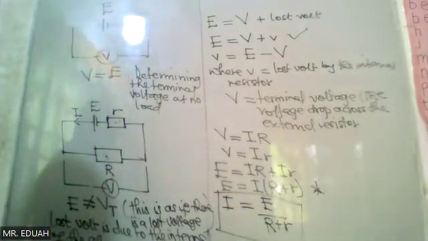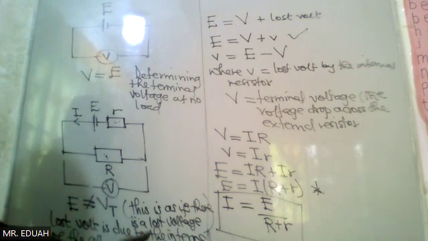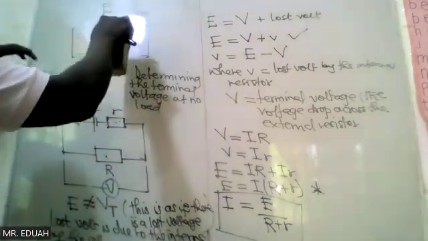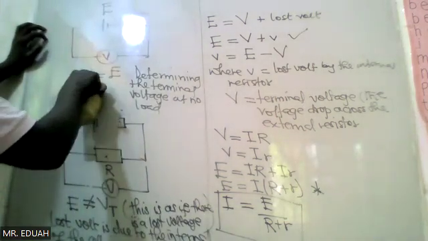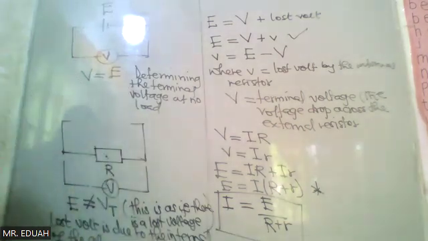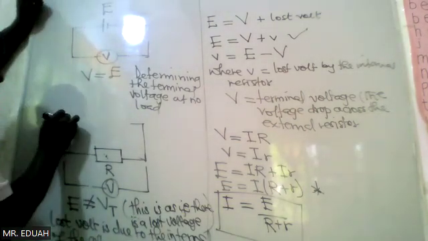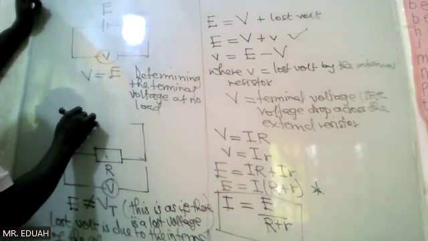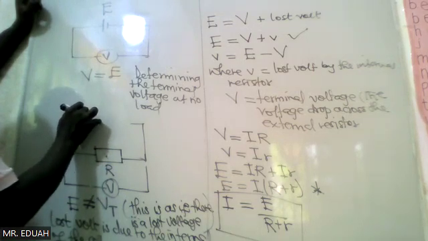I is equal to the EMF of the battery all over the external resistance R plus the internal resistance r. Now I'm going to modify this. We have maybe 2-3 batteries, each with internal resistance r.